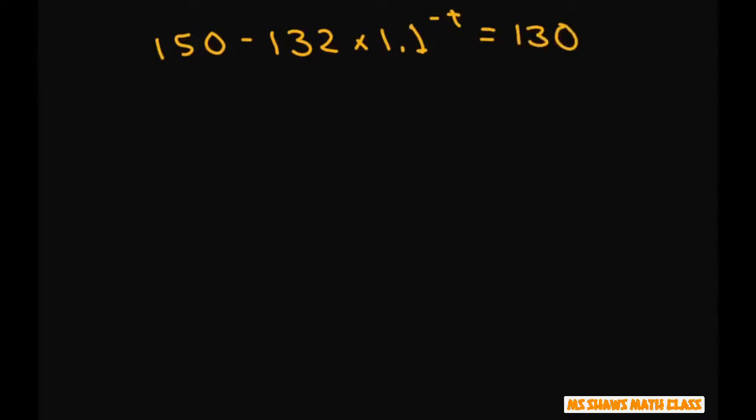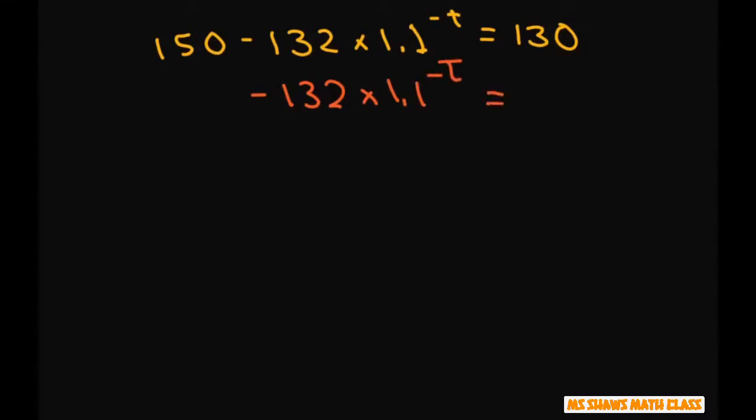So what I'm going to write is 150 minus, I'm using my formula, 132 times 1.1 to the negative t, equals 130. So subtract 150 from both sides.